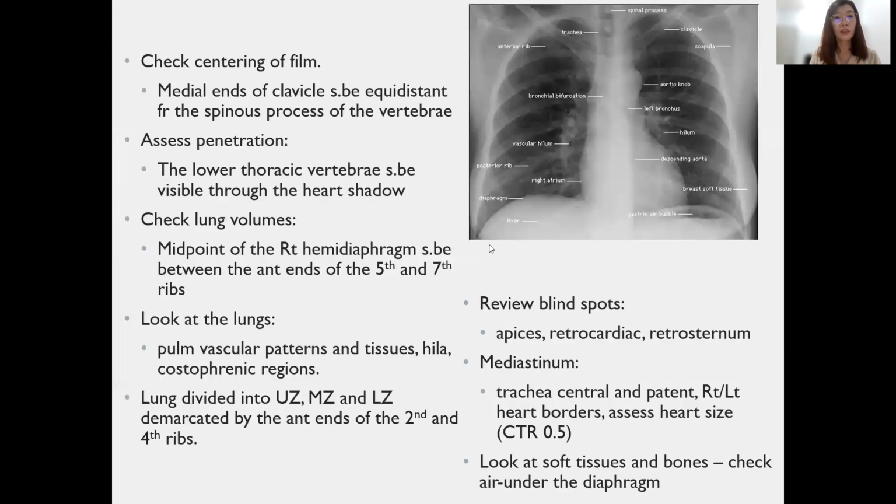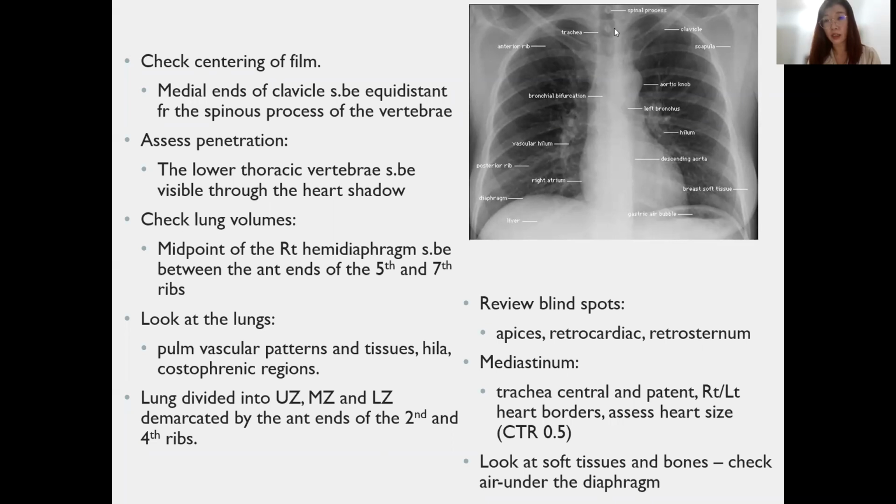So again, when interpreting the X-ray, first check the central centering point of the film. How do we check? First, identify the spinous process of the vertebra. The distance between the medial end of the clavicle and the spinous process should be symmetrical on both sides.